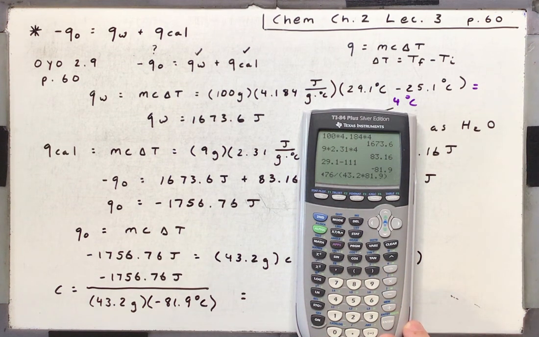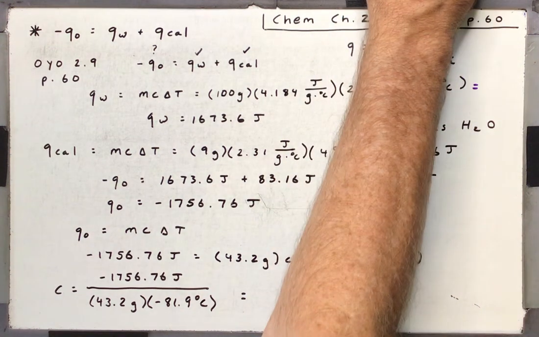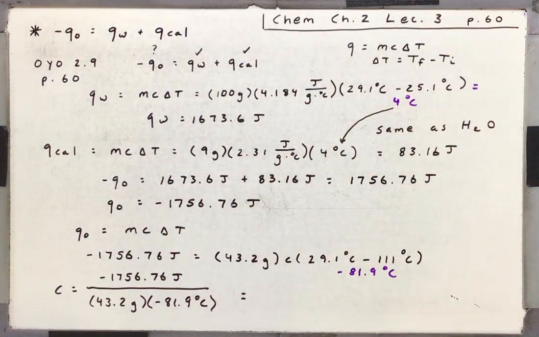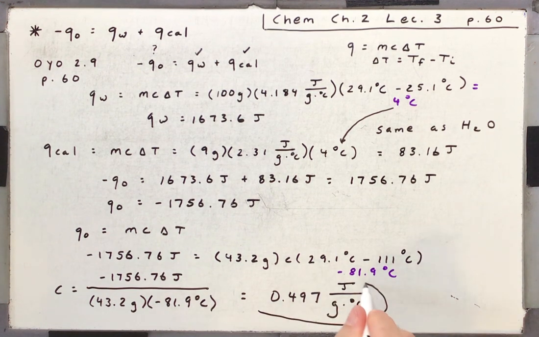That'll get your order of operations correct, and you have 0.4965. Let's round that up to 0.497. And the unit is joules on top, grams times degrees Celsius on the bottom. Don't forget the unit. You'll get counted off on the test if you do. So units are really important.